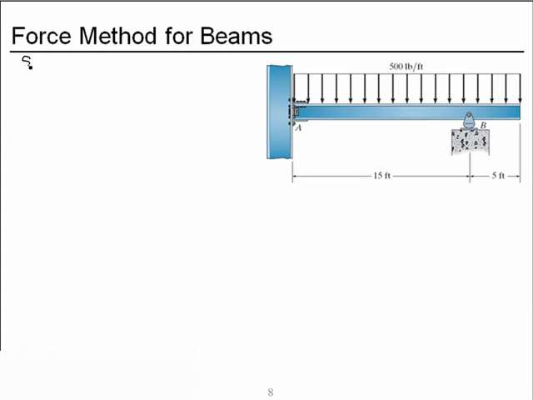Now we're ready for step 4, where we predict deflection of the primary structure or the released structure, the structure without its redundant, and this one will be due to a unit redundant.